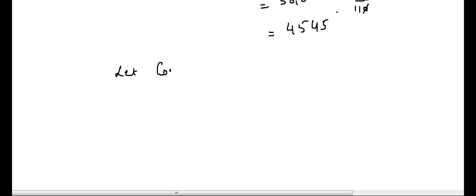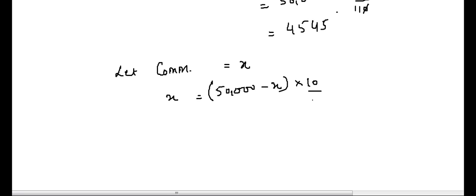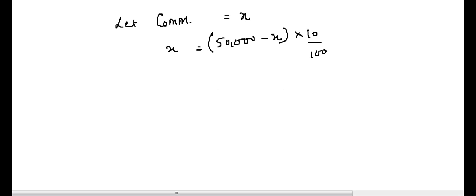I'll say let commission be X. Commission amount is equal to 50,000 minus commission, because the commission is to be paid on profits after commission, into 10 divided by 100. It's a very simple mathematical calculation. I'll say 100x divided by 10 is equal to 50,000 minus x.